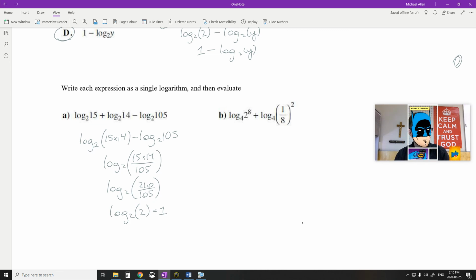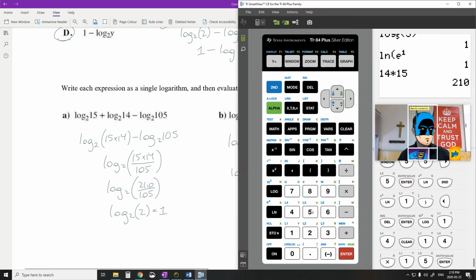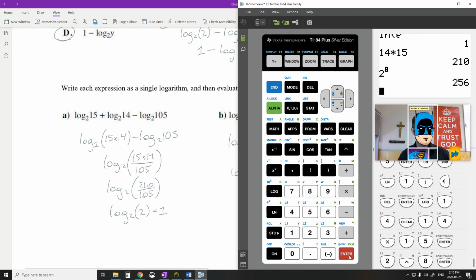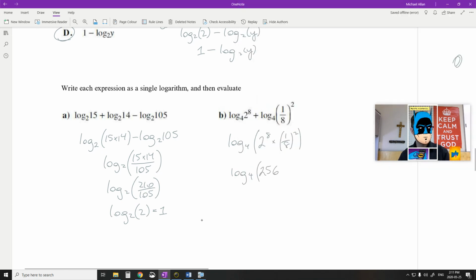Let's try this one out here. We're adding these, so it means I'm going to multiply these out. So it's 2 to the power of 8 times 1 over 8 squared. 2 to the power of 8 is 256, and this is times 1 over 64.